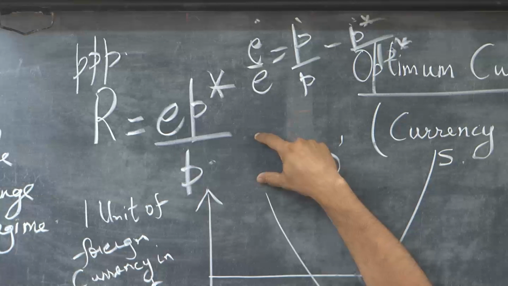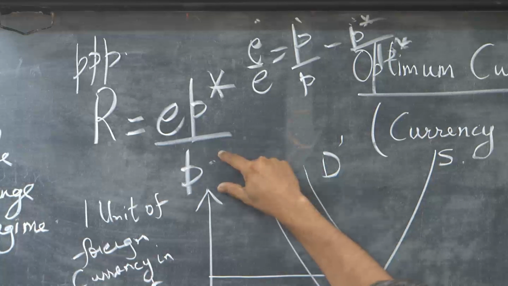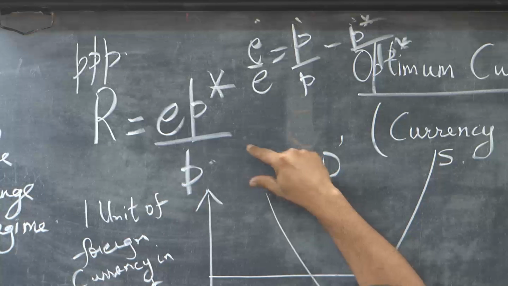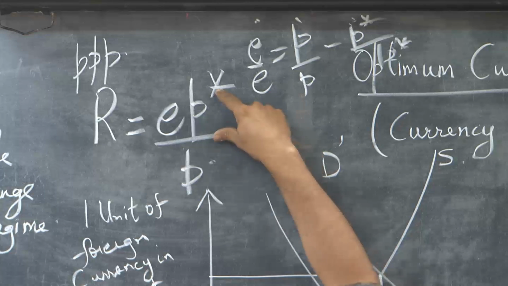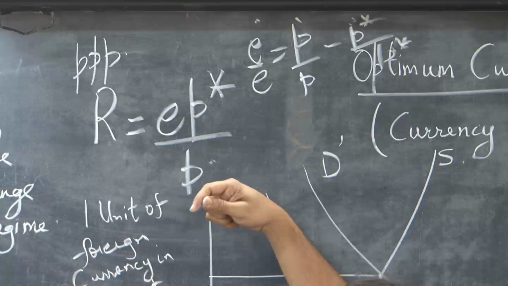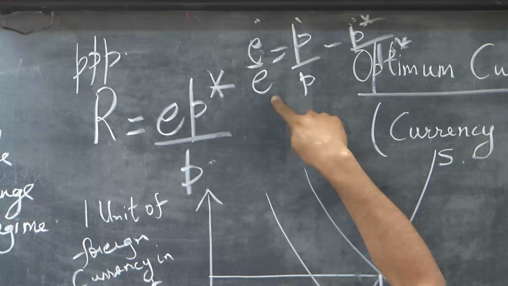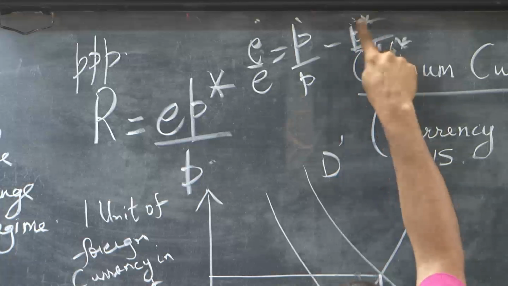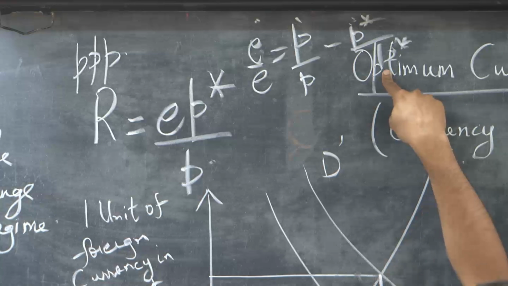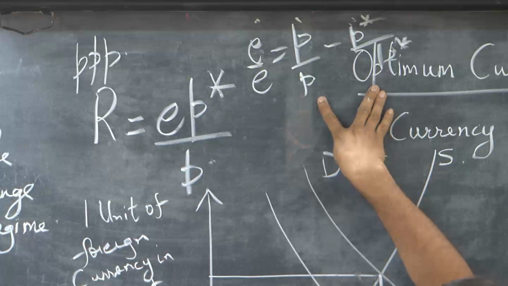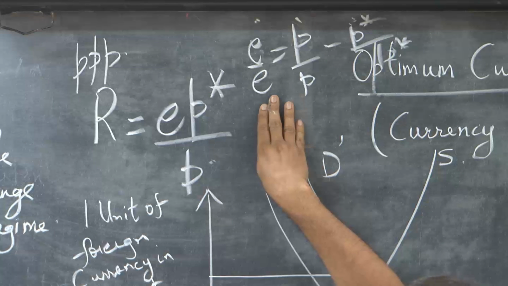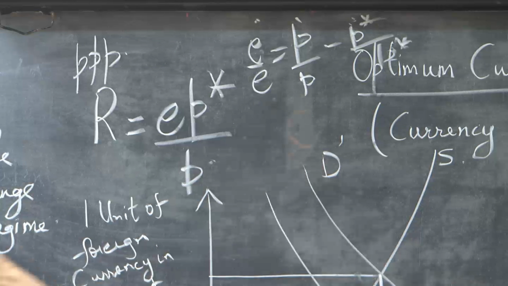For the same set of goods, the prices which prevail are the same here and in the foreign country. That's what purchasing power parity means. So if you have similar inflation levels, there will be no change in the exchange rates, so you can go for the fixed exchange rate.